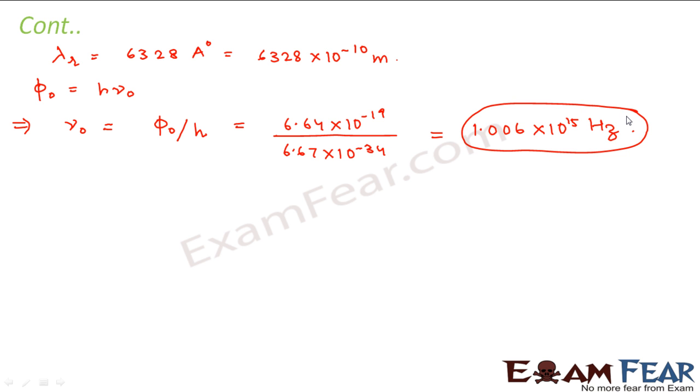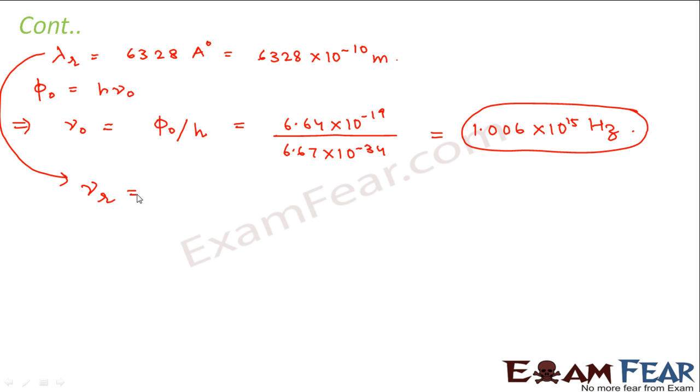That means if the frequency of the incident light is below this frequency, then photoelectric emission will not take place. That means the photocell will not respond at all. But if the frequency of the incident light is greater than this frequency, then the photocell will respond. So let us calculate the frequency of the red light.